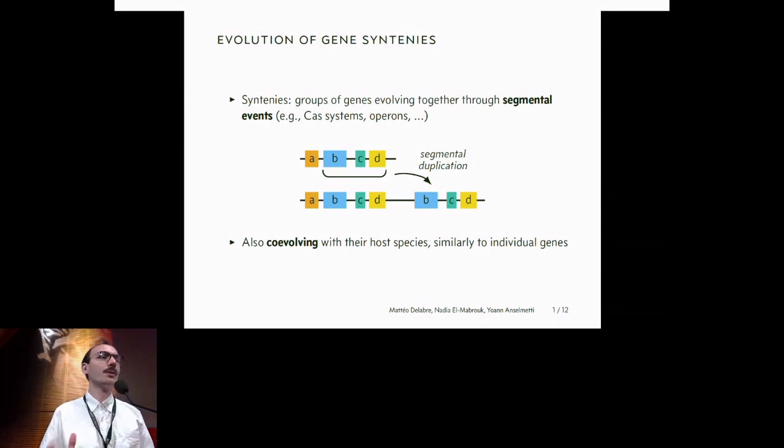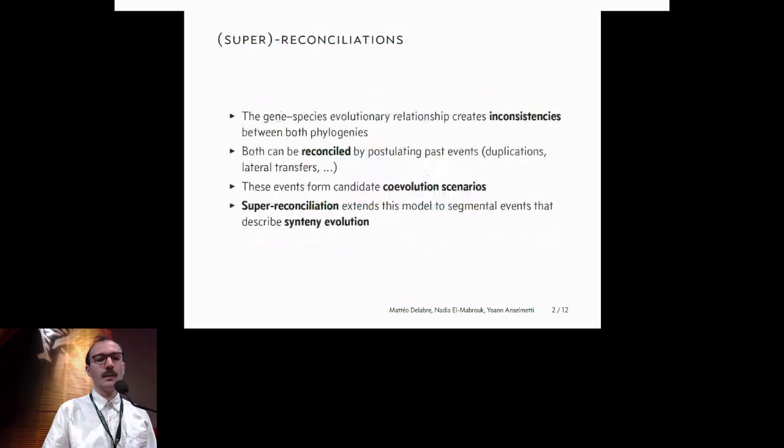And so we're able to apply similar techniques as we use for gene families to gene synthenies. As you may know, the fact that genes and species co-evolve creates inconsistencies when you look at the phylogenies of both the gene families and the species.